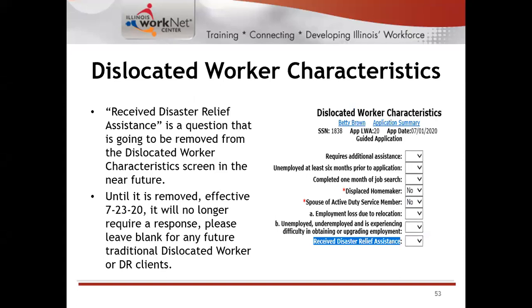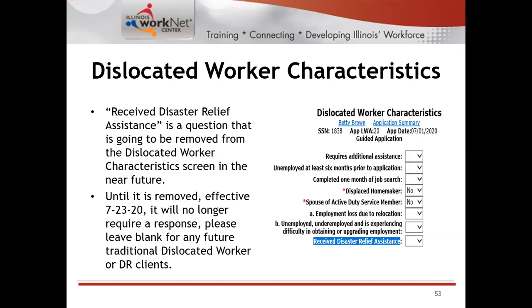And then, as I mentioned, as of today, the asterisk item was removed off that question of received disaster relief assistance. The reason why we did that, because there's really no clarification on exactly what should be answered to that. If you think about it, we're all, or many of us, received recovery money. So would that be appropriate for this answer, or should it be something else? So since there really is no DOL guidance on that, that's usually why we elected to not require this question.